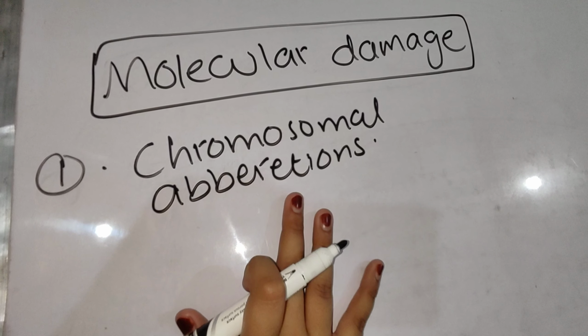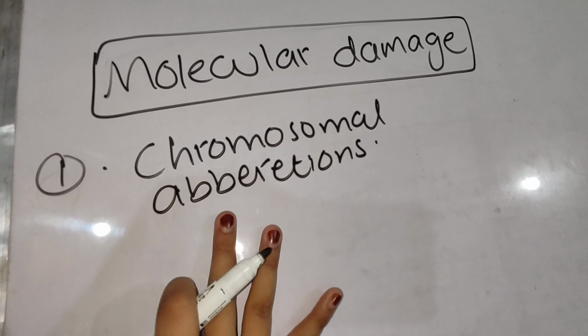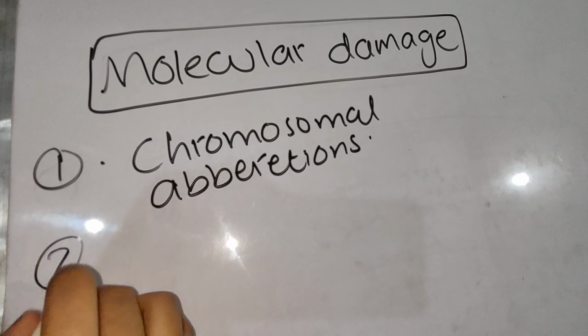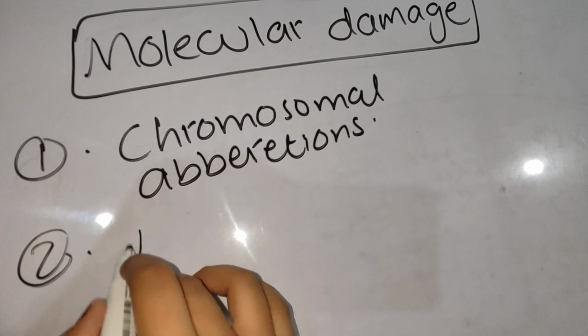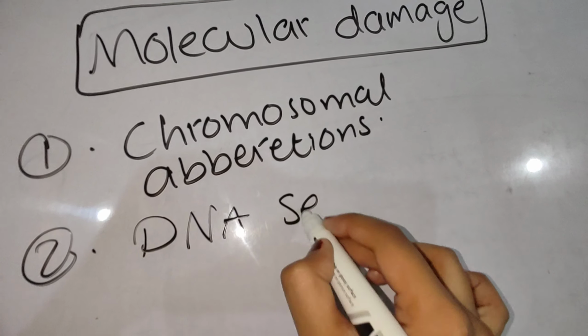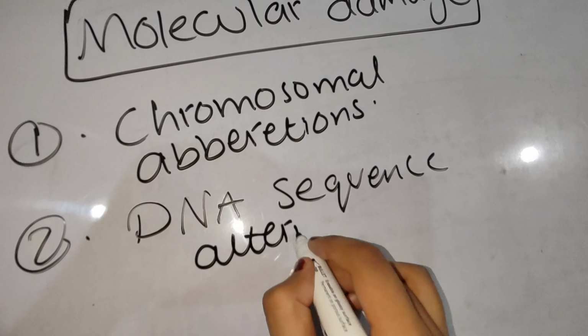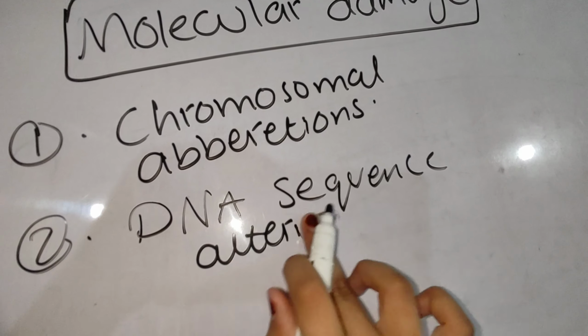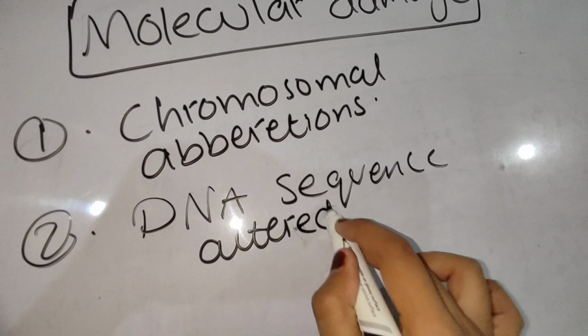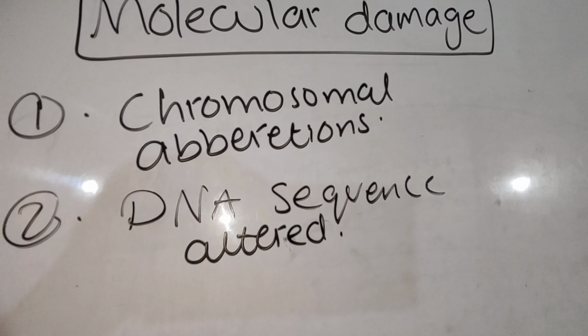Moving on, the last term is molecular damage, which includes chromosomal aberration. A change in the number of chromosomes is chromosomal aberration. The second point is altered DNA sequence. You guys already know that even a slight alteration in DNA sequence can lead to plant cell death. So this is a very, very dangerous effect.